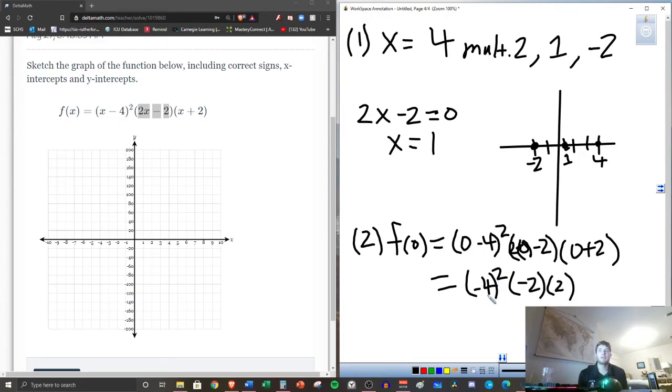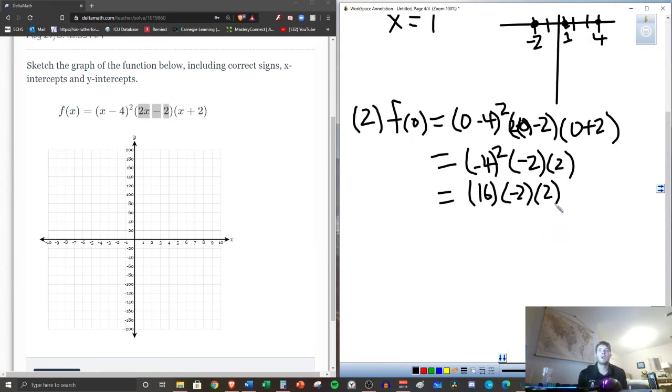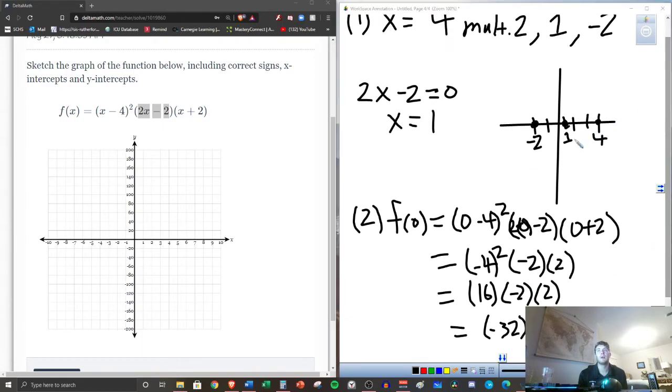So this is going to be 16 times negative 2 times 2. So this will be negative 32. Negative 32 times 2 is negative 64. So that's our y-intercept. Going up here, I'm going to plot just any point anywhere. Negative 64 is the y-intercept.